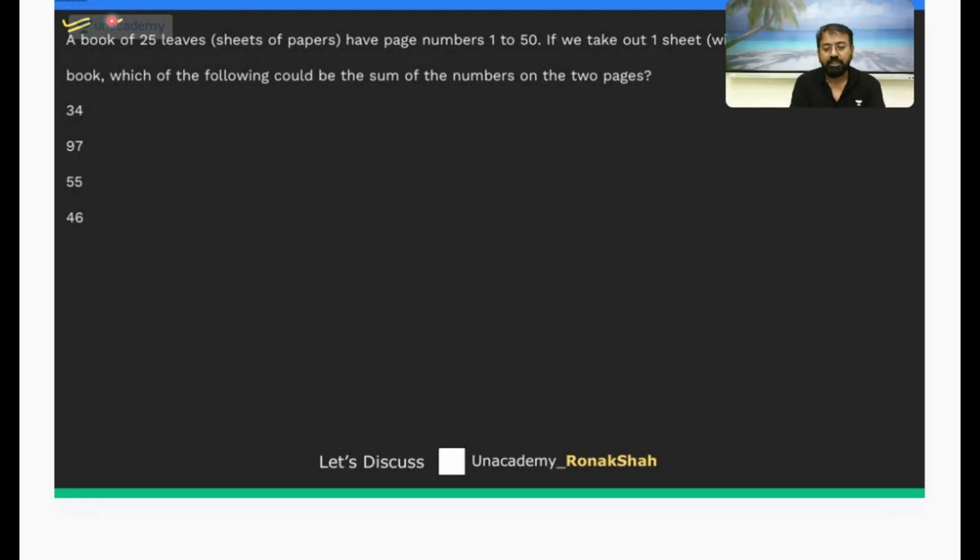If we take out one sheet with two pages of the book, which of the following can be the sum of the numbers on the two pages? 34, 97, 55, 46. It's a very simple question. Aryan is saying 55. Okay, what about others?